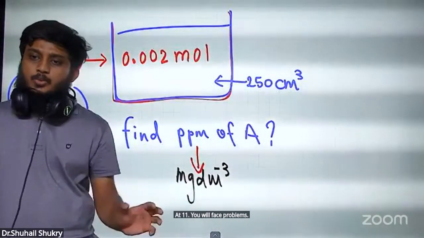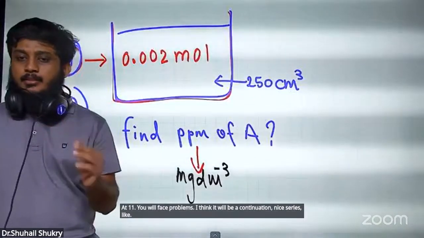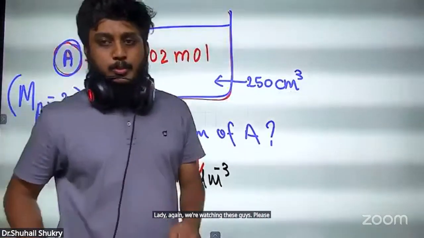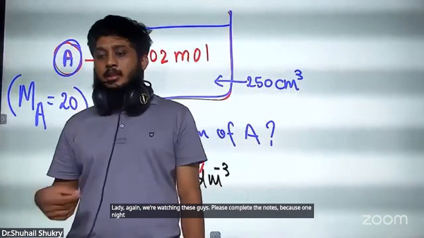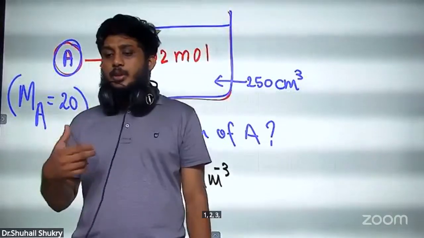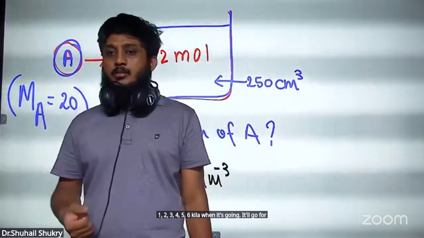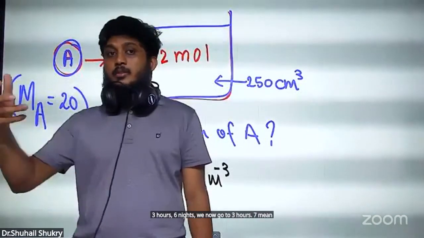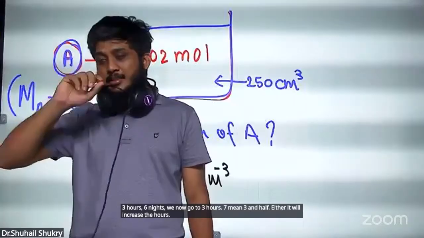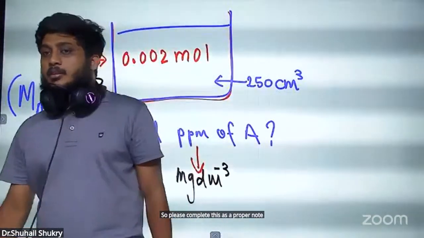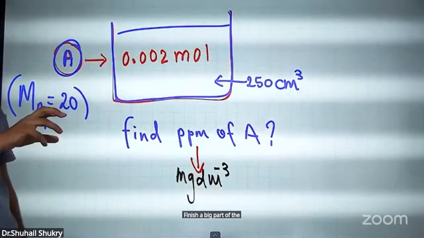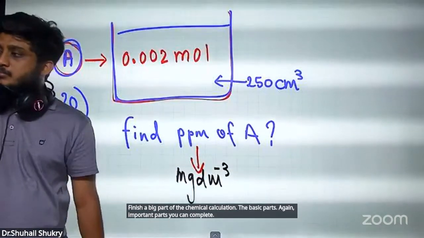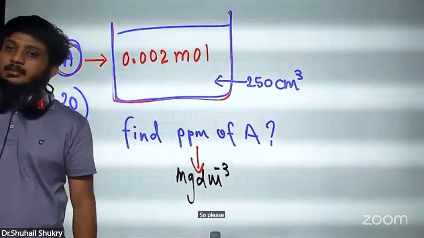It is a continuation, a series, so you have to complete these notes and come. Whoever is watching, please complete the notes, because half an hour a night for 6 nights is 3 hours, and 7 nights is 3.5 hours. Complete this as proper notes, then you can finish a big part of chemical calculations, the basic and important parts. So please do this properly.